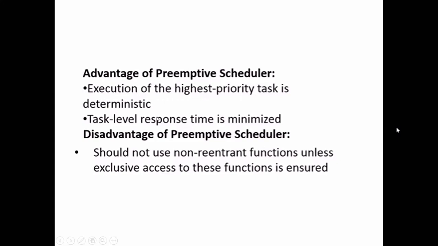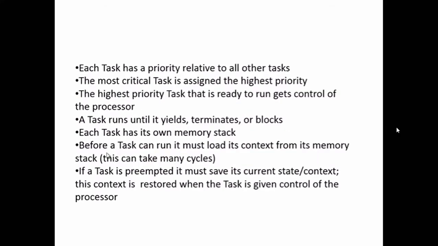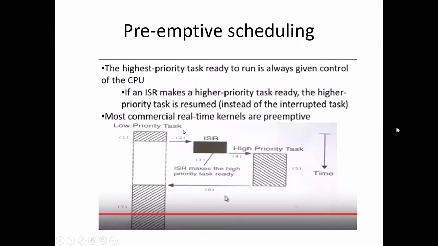Sometimes we need to check this kind of function. This is not good. It might create confusion in your scheduling process. So this is the explanation of your preemptive scheduling.